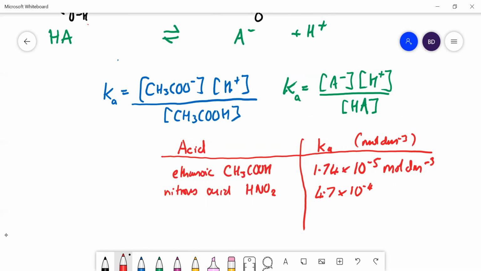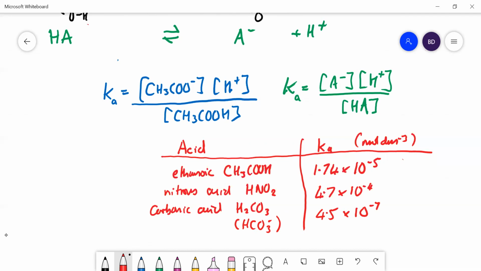Then let's look at carbonic acid, H2CO3. Although its formula is H2CO3, we're only talking about it releasing 1 proton, so its conjugate base would be the hydrogen carbonate ion, and the value for that is 4.5 times 10 to the minus 7.